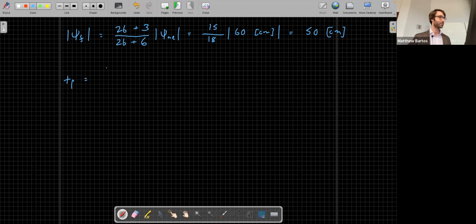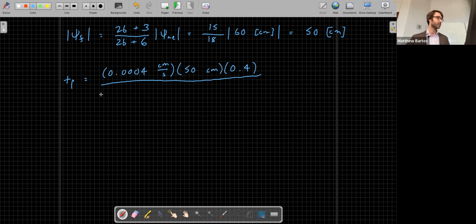So I'm going to go ahead and do that. For our saturated hydraulic conductivity, we have 0.004 centimeters per second times matrix potential of 50 centimeters times initial soil moisture deficit of 0.4, divided by a rainfall rate of 0.00138 centimeters per second times quantity 0.00138 centimeters per second minus 0.004.